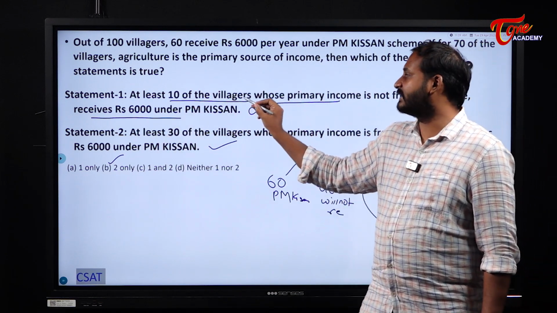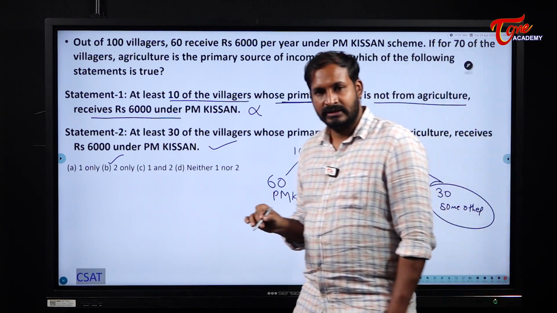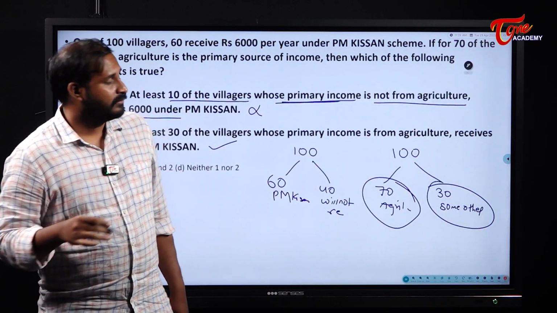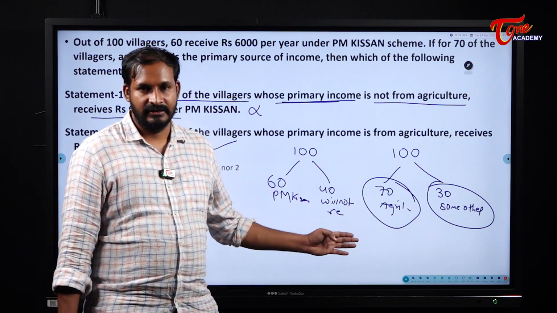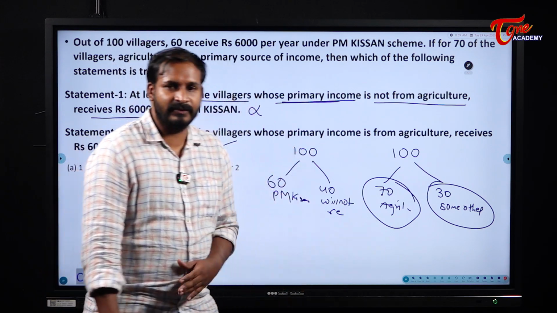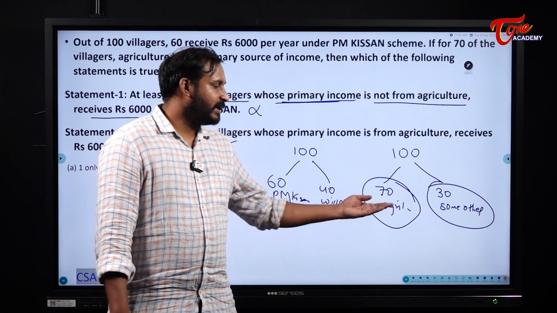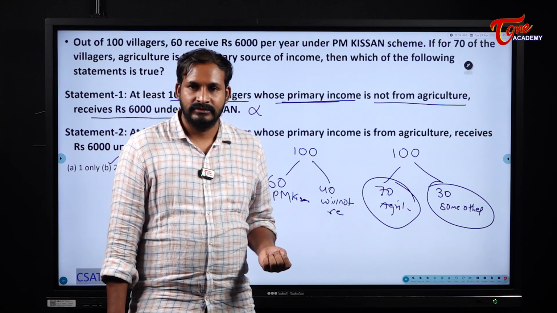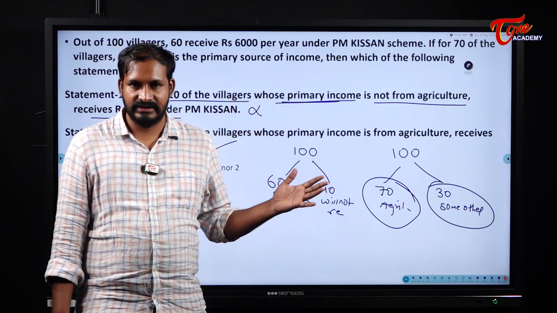They are telling that at least 10 of the villagers whose primary income is not from agriculture will get PM Kisan. But that is wrong. Why? Because see, agricultural families are how many in number? 70. And PM Kisan was received by just 60. That means if all the agricultural people get PM Kisan, then there is no chance of PM Kisan for other families, right? So at least 10, a minimum of 10, is not at all correct for us.